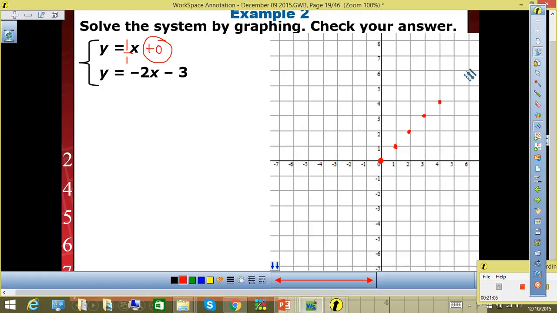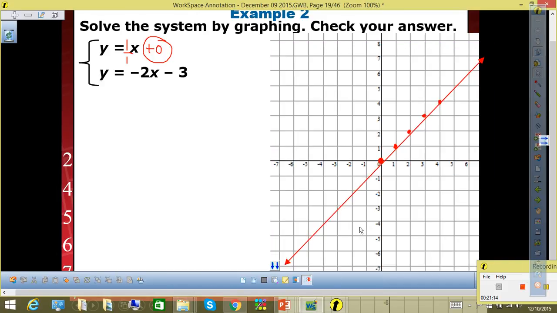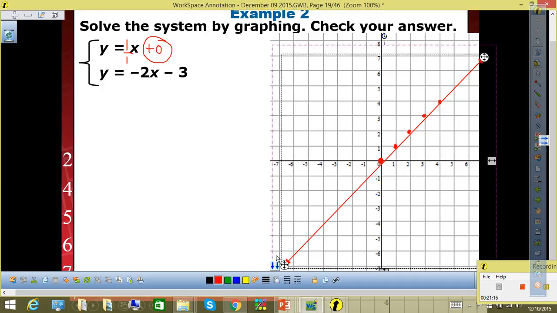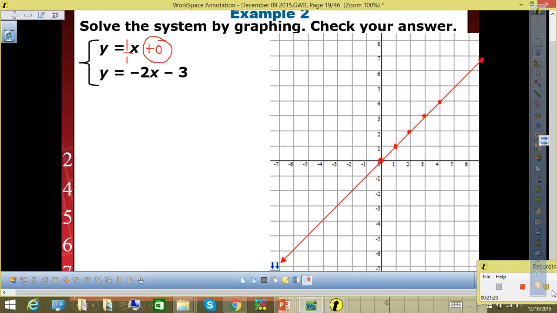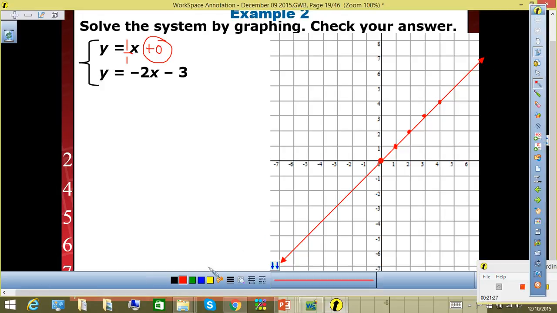Now that I helped you with that one, I want you to finish up the rest of the process. Graph the other one and finish all the steps by yourself. See what you get. Copy that and go. Okay, let me see the graph to see if you're on the right path.